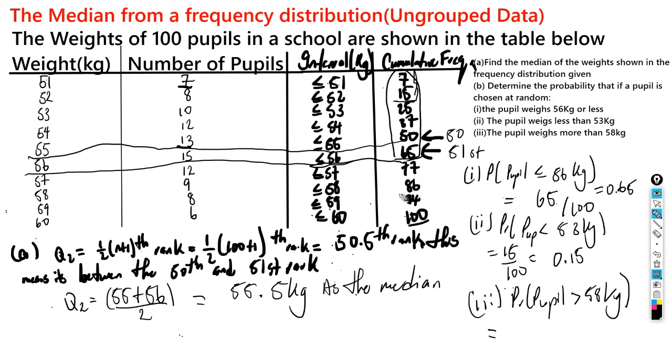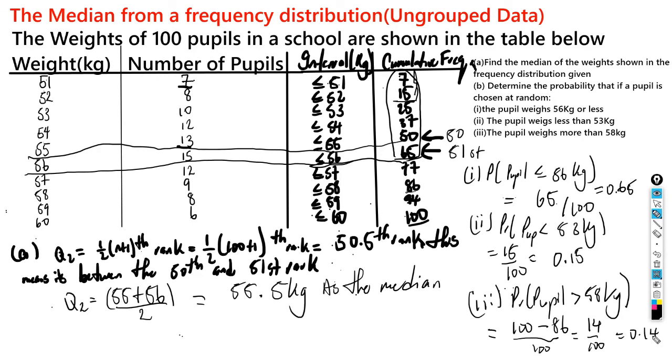Anything greater than or equal to 58 is actually quite small. It would be the total minus 86. So it's 100 minus 86, and that would be the only 14 that is over 58. We would end up with 100 minus 86 over 100, which is 14 over 100, which is 0.14.